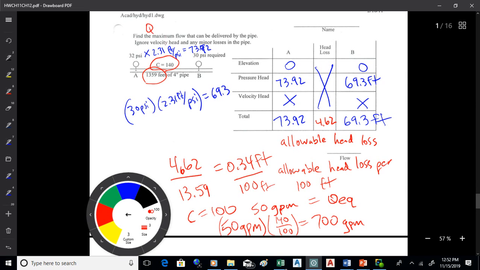The formula is that the equivalent flow is the actual flow multiplied by 100 over C. So to find the actual flow, that would be the equivalent flow times C over 100. That's what I'm doing down below there.